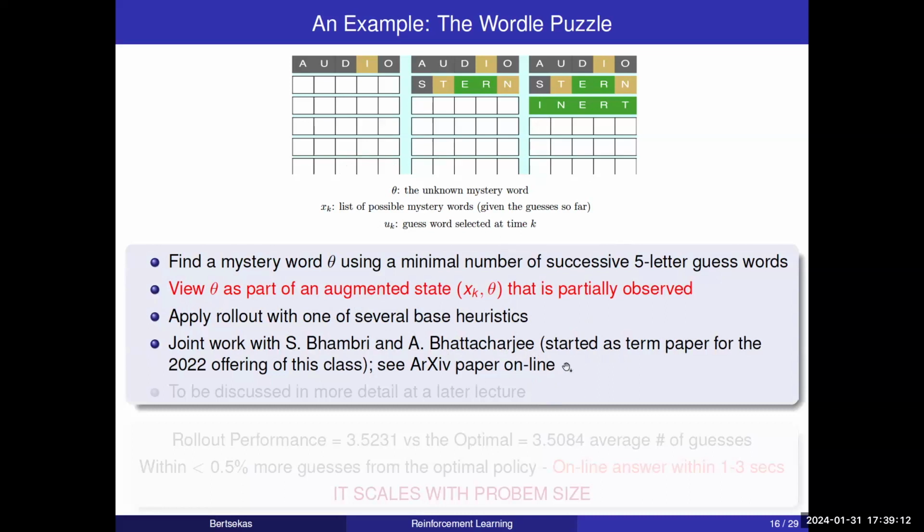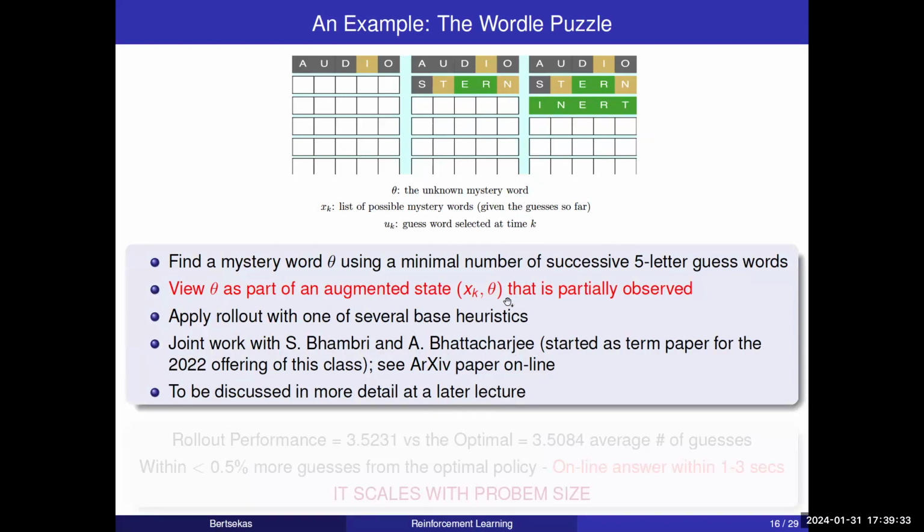And then we did subsequent computations. So we have an archive paper online. There's also a conference paper that has been published. And I'm going to have Siddhant and Amrita come here in a later lecture, probably in 6 lectures or so, and they're going to describe their work.